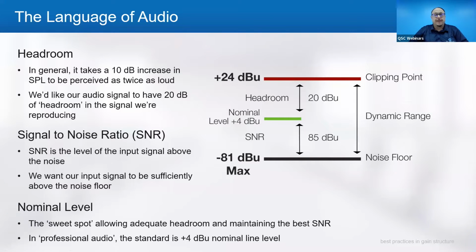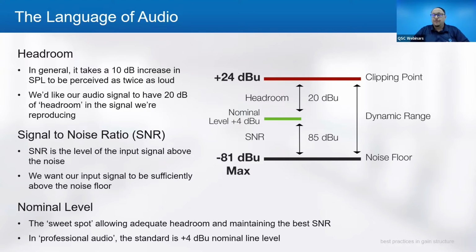In this case, we have 85 dB of signal to noise, because negative 81 to 0 is 81, plus 4 more is 85. We want our input signal to be sufficiently above that noise floor. The nominal level drawn out there is the sweet spot that allows the headroom and also maintains the best signal to noise ratio.